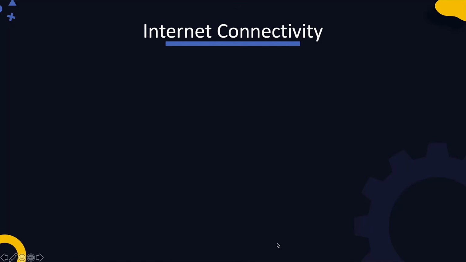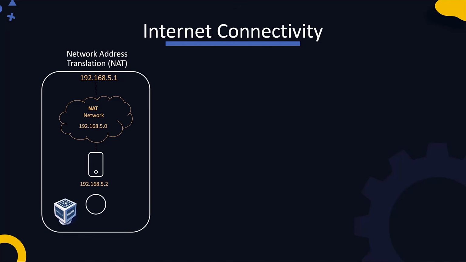Okay, so we've talked about the three kinds of network: host-only, NAT, and bridge. Let's now talk about internet connectivity in each of these cases. In case of a NAT setup, whether it's a NAT network or just NAT, we learned that internal VMs can reach the external network through network address translation. So VMs configured with a NAT interface can reach the internet as long as the host has internet connectivity.